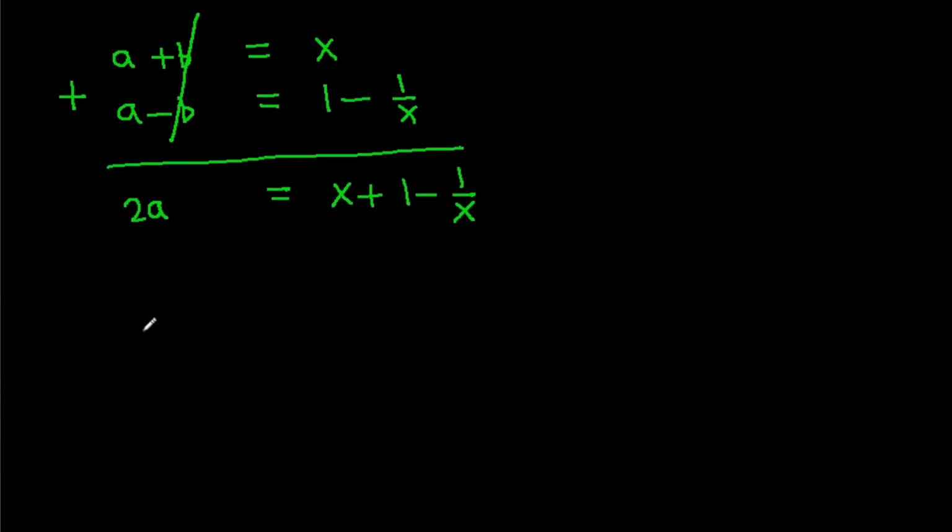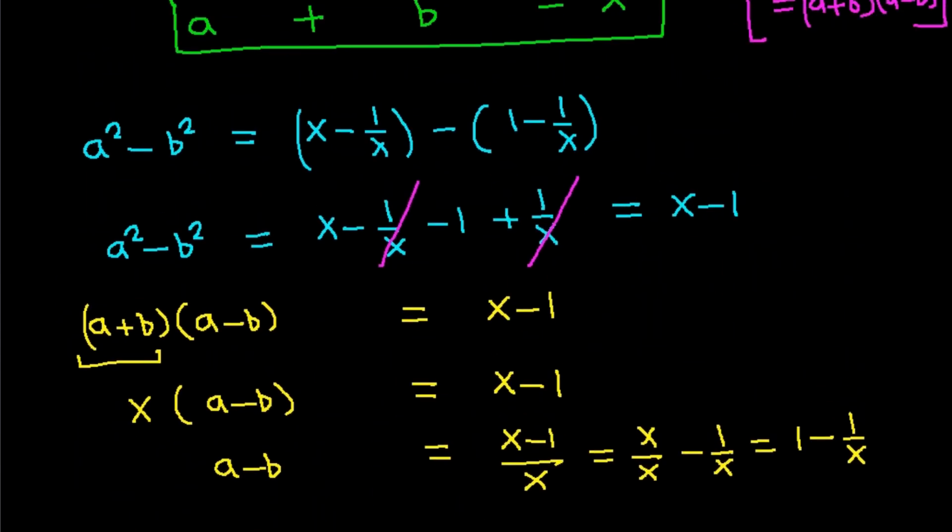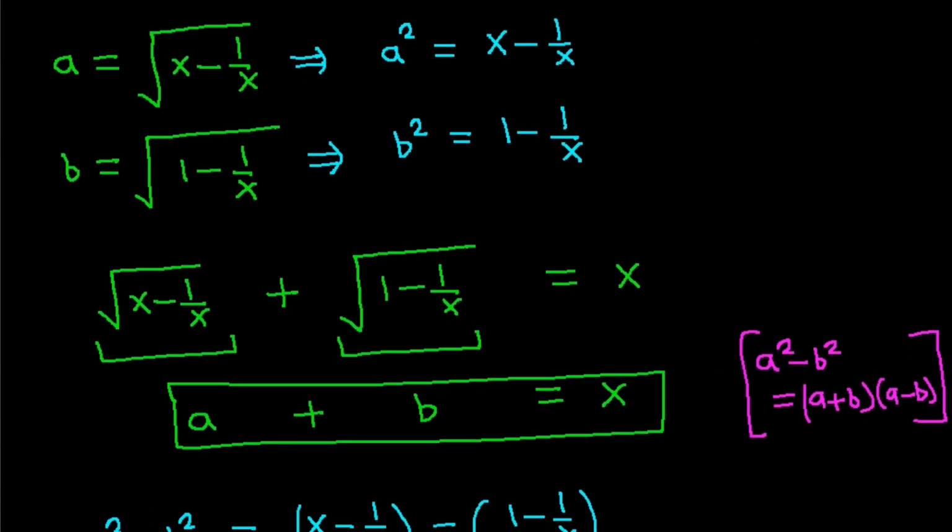and 2a is equal to x minus 1 by x plus 1, and from here we have a square is equal to x minus 1 by x.